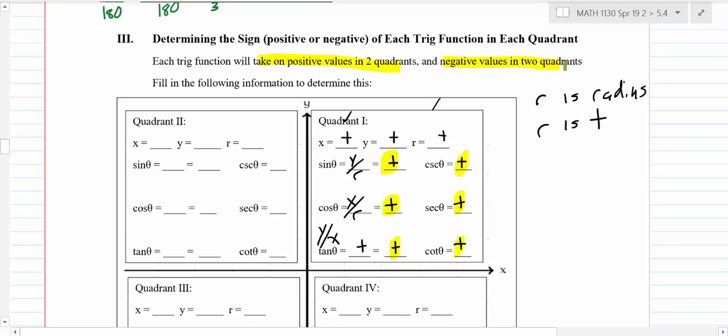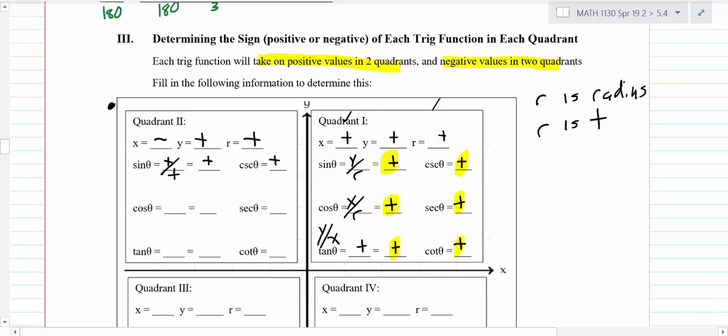That's how that goes. Now if we go to quadrant 2, you have a point over here somewhere. X is negative, y is positive, r is always positive. You're moving to the left, so x is negative, and you're moving up, so y is positive. Well, the sine's y over r, so that would be positive over positive, so it's positive.